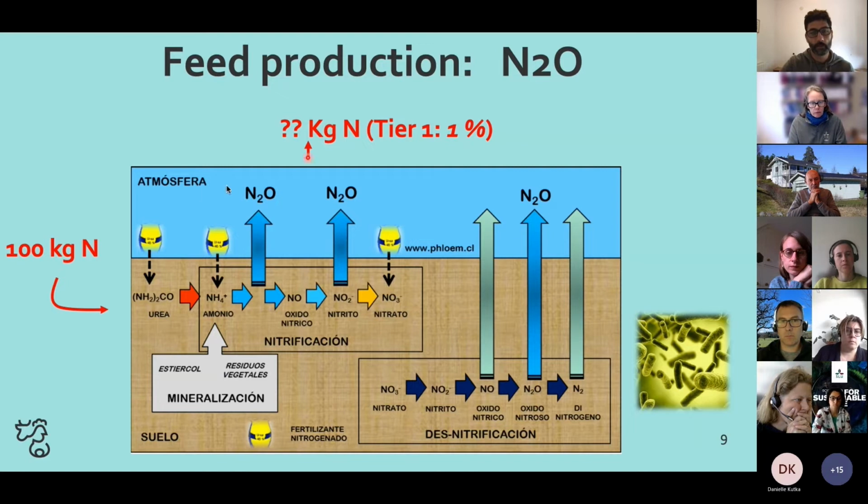So 1% of the nitrogen applied is lost as N2O, but there are many factors that can influence the activity of these bacteria in the soil, related to moisture, pH, temperature, and the content of carbon, that change the result of the N2O emitted into the atmosphere quite substantially.